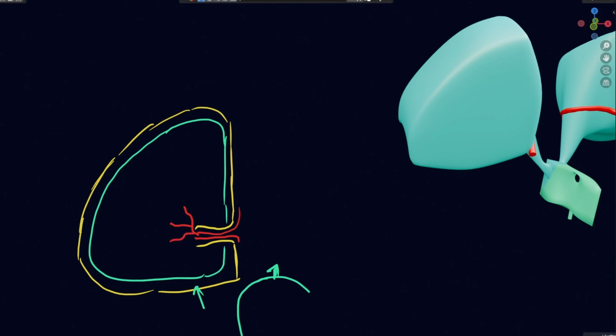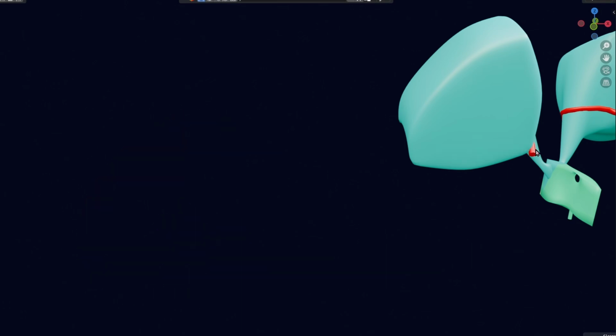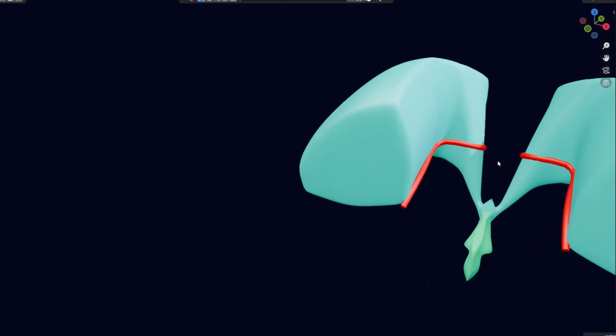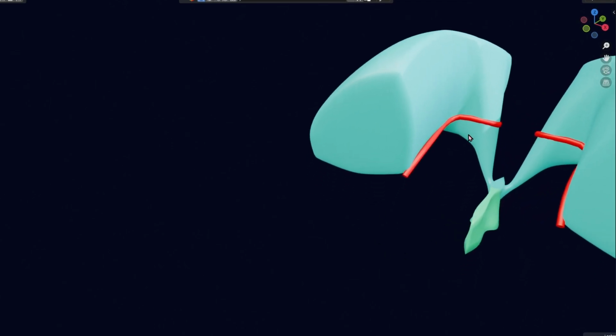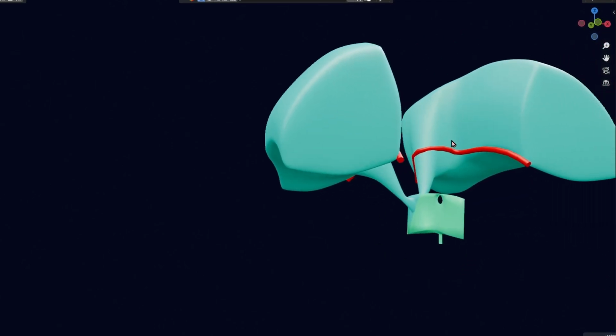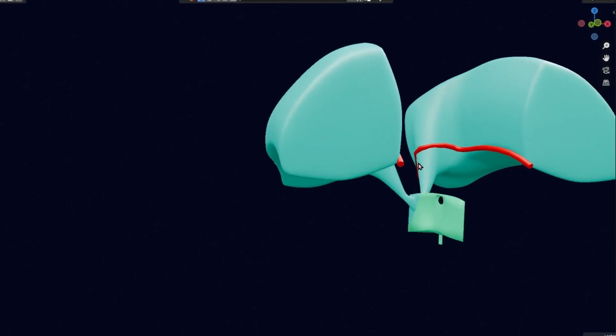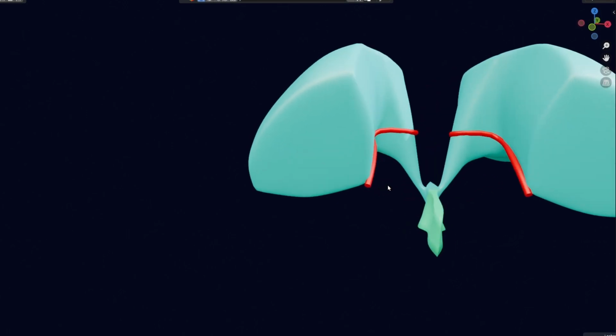They will branch, and pia mater will invest them like this. In this way choroid plexus is formed. I hope you understood how choroid plexus develops. And of course choroid plexus here is a long network. Here you see it's going on like this. We will discuss that later, and again, we will not go into detail of this. That is the topic of neuroanatomy, but here we will focus more on the neuroembryology, right?